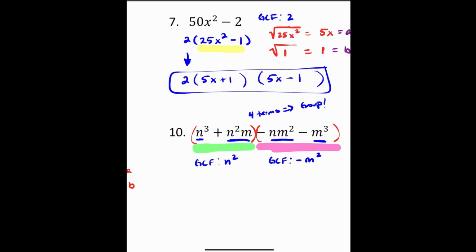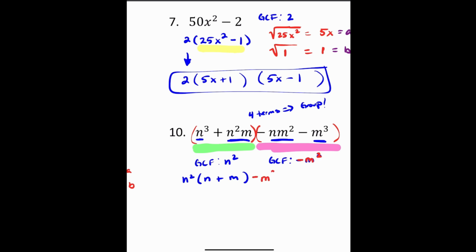All right, so then we're going to go ahead and factor. We're going to factor the stuff that's underlined in green, and then we'll factor the stuff underlined in pink. Okay, so n squared times n plus m. And then we'll write our GCF here, which is negative m squared. So let me go ahead and use a different color.